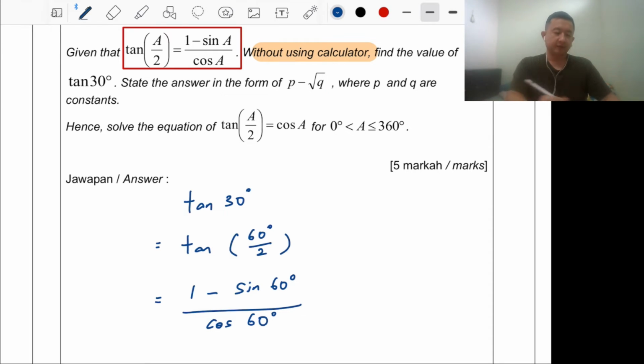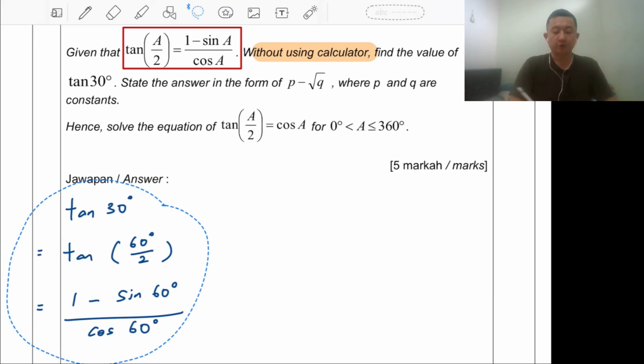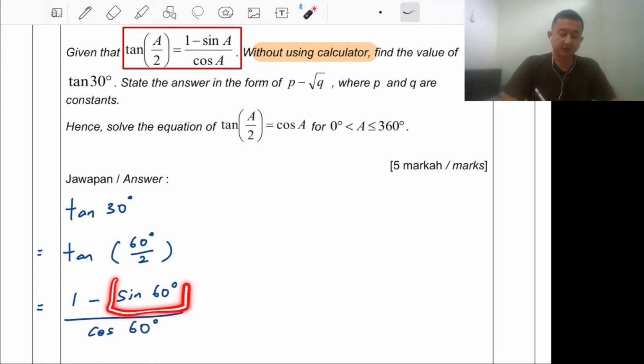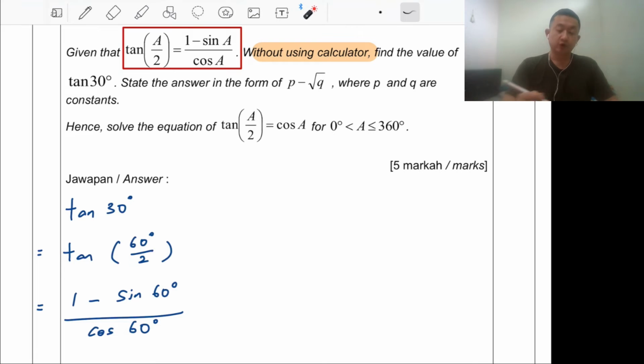For this part, you can't use a calculator. You have to convince the examiner, but you can still use a calculator to check your answers. So sin 60, you can check your answer. Cos 60, you can check your answer. But if you want to convince your examiner, you need to draw something like this.